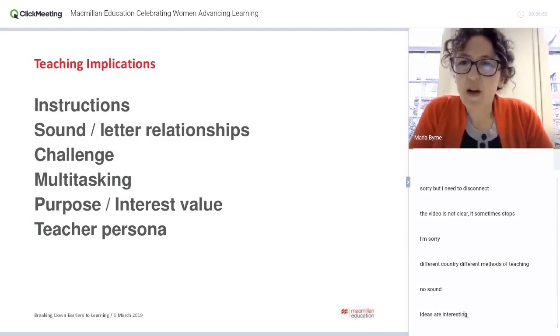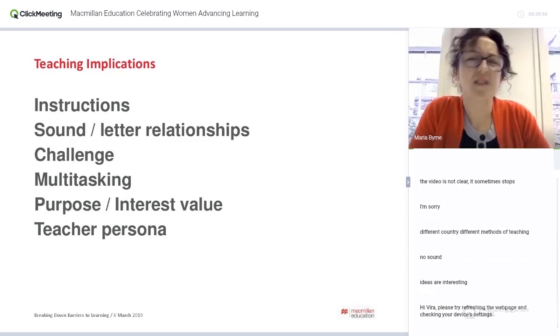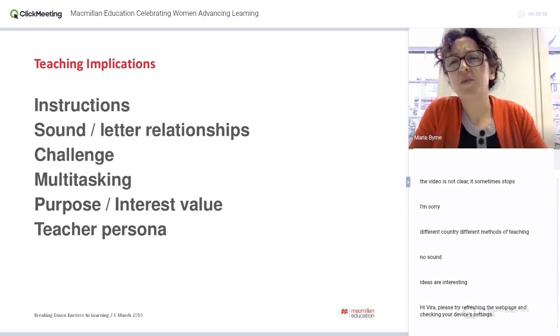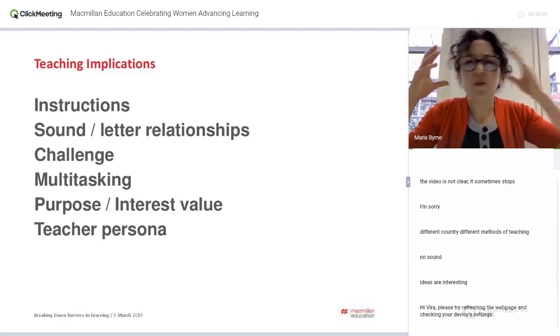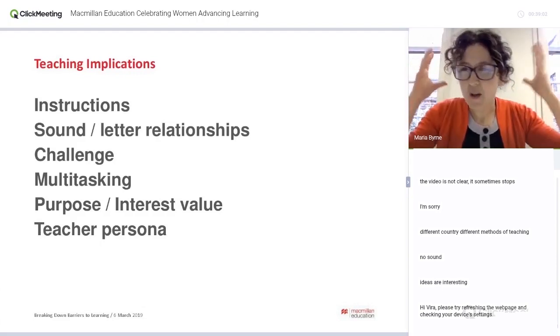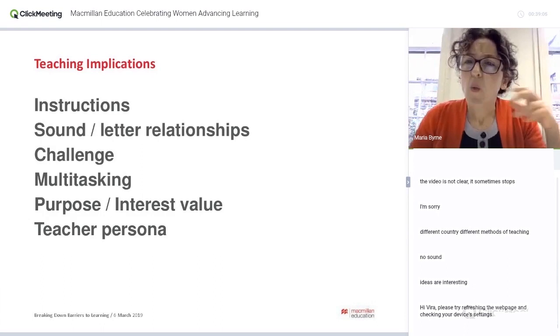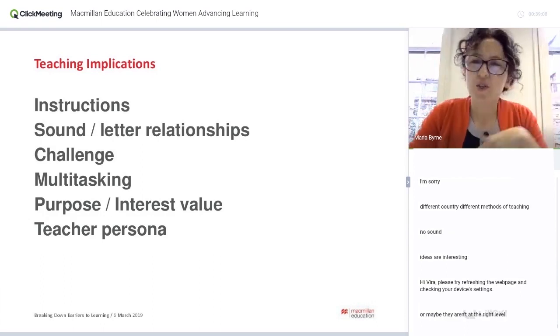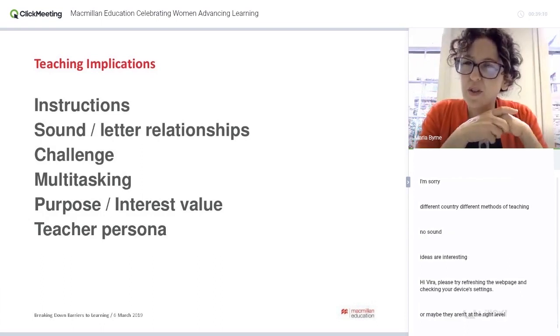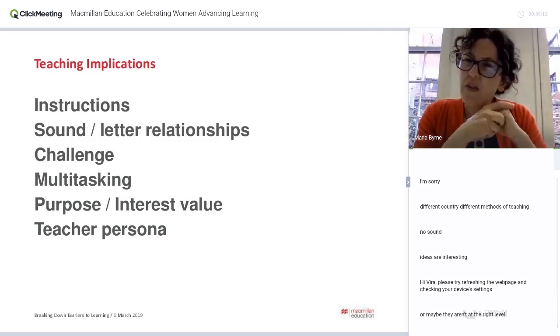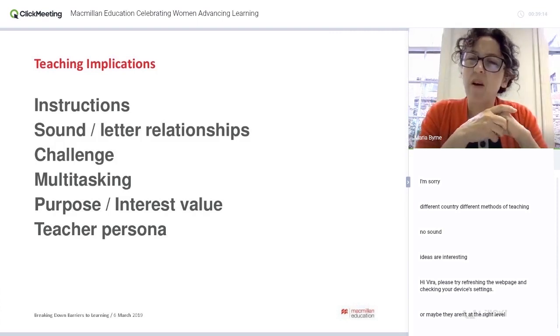Another thing for us teachers to think about is multitasking. So often we ask our students to multitask, and we've already seen from ourselves that when our brains are overloaded, we have a lot to do, sometimes our brains just stop working. We may just be asking a student to copy something from the board, but what are they actually doing there?